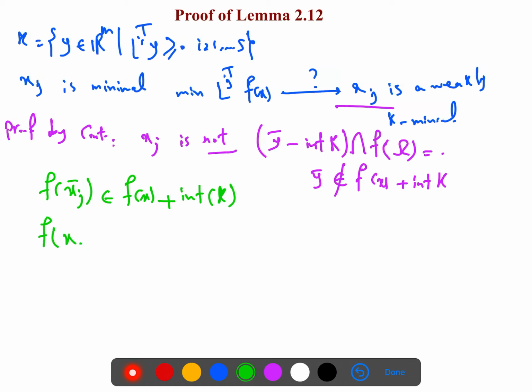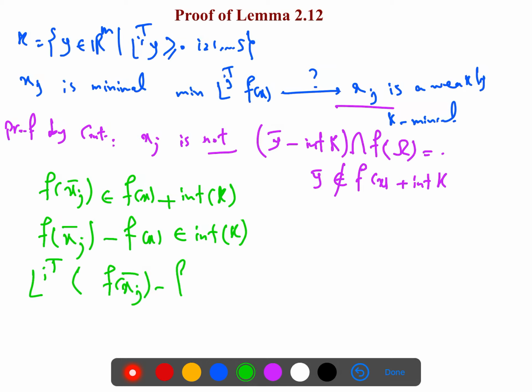If I subtract f of x, it's easy to see that it is inside the interior of k, and that's why we are allowed to use this multiplication in the theorem: f of xj bar minus f of x is greater than 0.